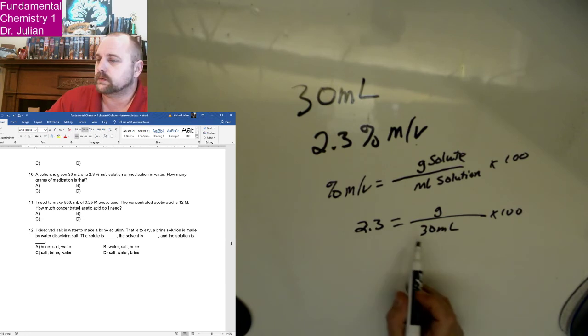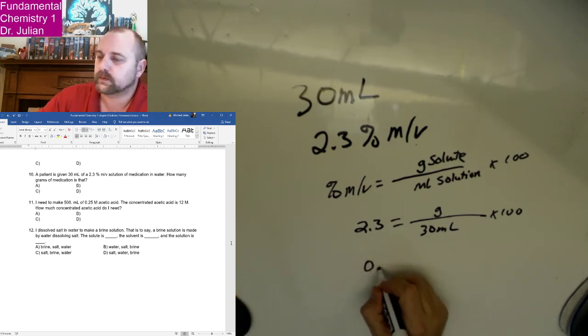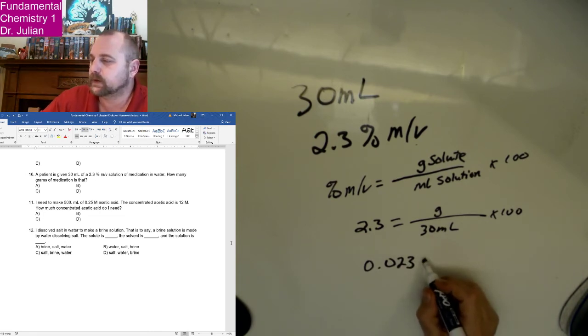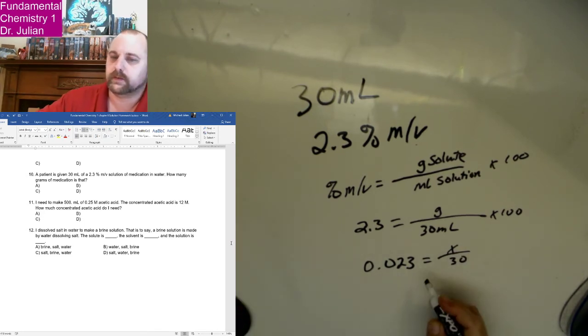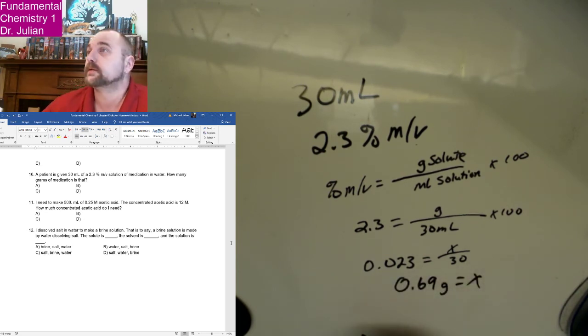So 2.3 divided by 100 equals x over 30. Then times 30, we get 0.69 grams as our x. And 0.69 is D.